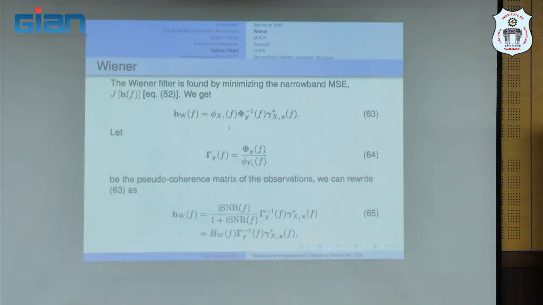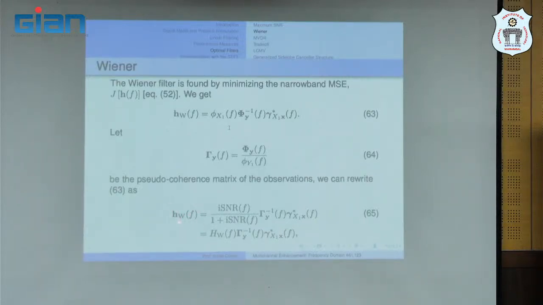One component is the gain that was derived for the Wiener filter when we used a single channel. For the single channel Wiener filter, it looks like that: input SNR divided by 1 plus input SNR. So this is the gain that was obtained for single channel. And this part is a vector that takes into account the spatial filtering.